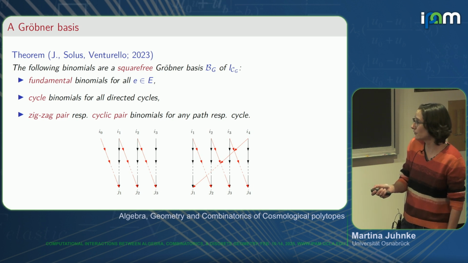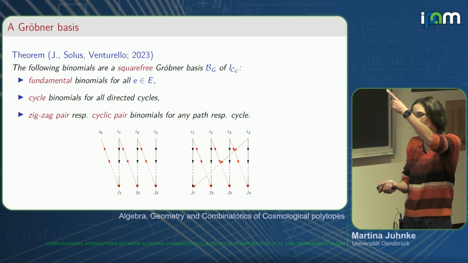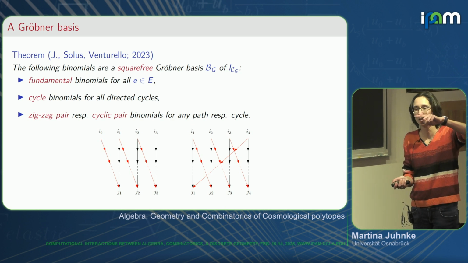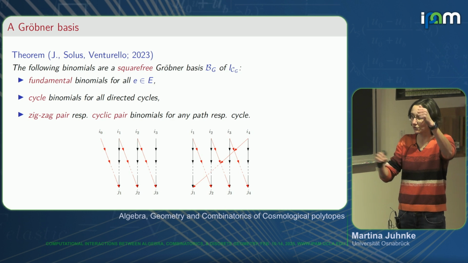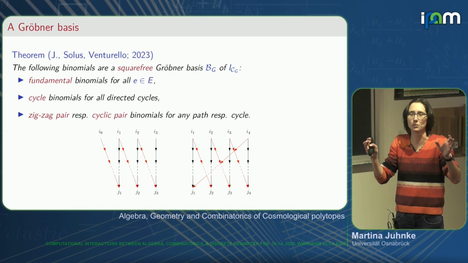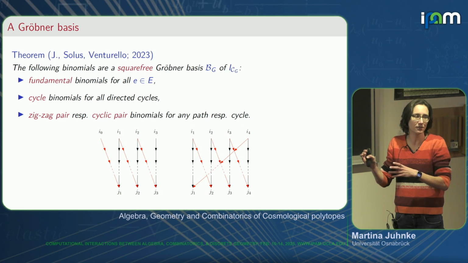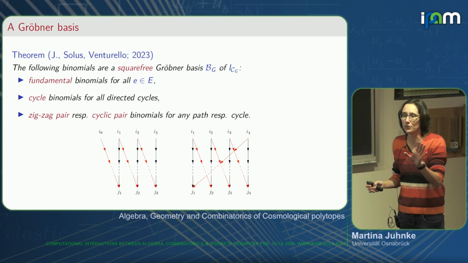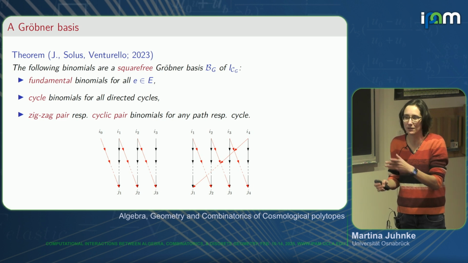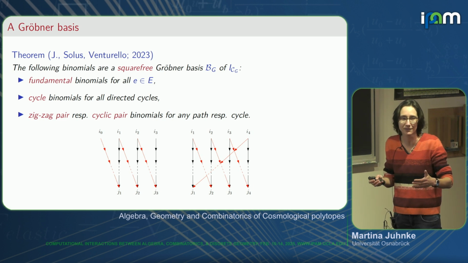And then there are certain binomials which come from directed cycles in the graph. There is a recipe to take a cycle and then direct the edges in any way you want. And for each type of direction, you can cook up a binomial. I won't tell you how, because it's just complicated, but it depends on cycles.